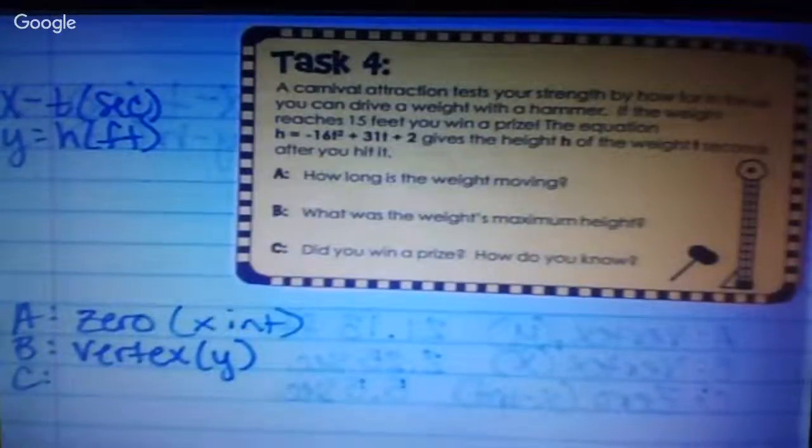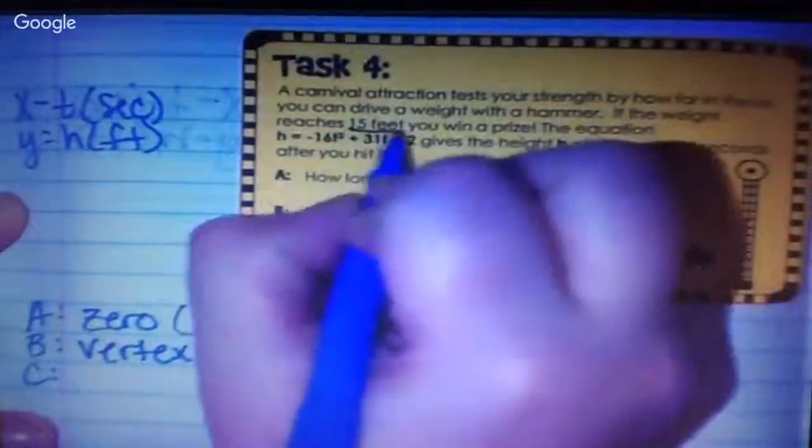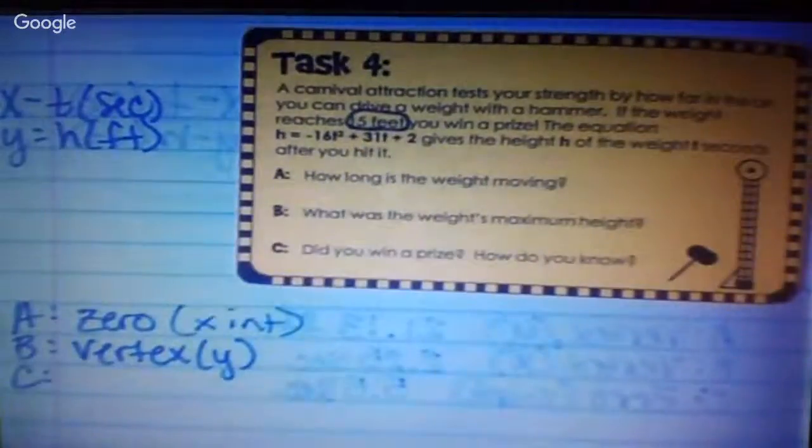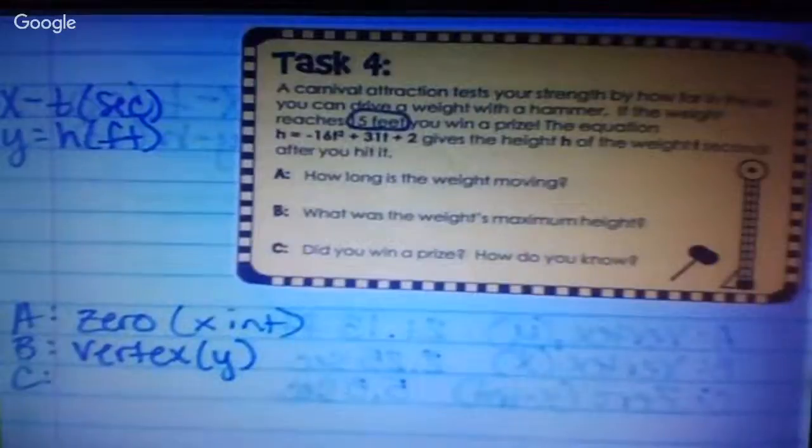What height do I need to reach to win a prize? 15 feet. So I have to figure out, did I hit 15 feet or higher before I can answer C? So you actually need to answer B before you can answer C. I need to know how high it went before I can say, yes, you won a prize.